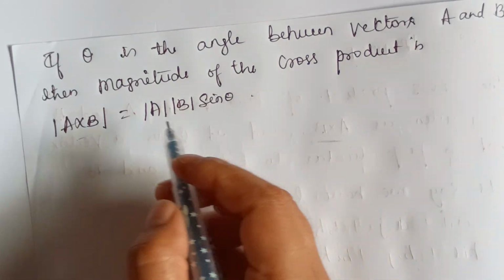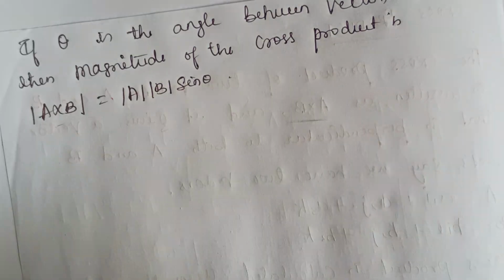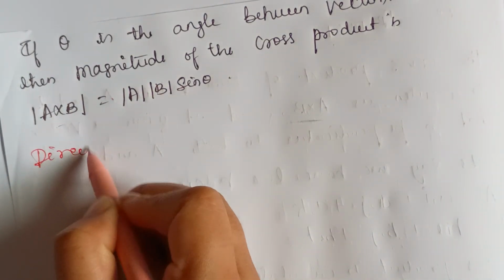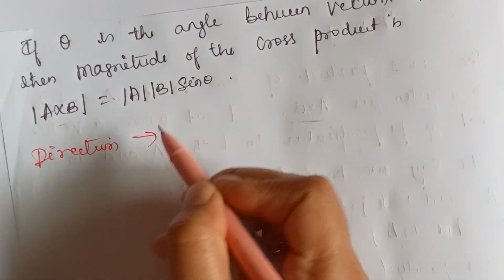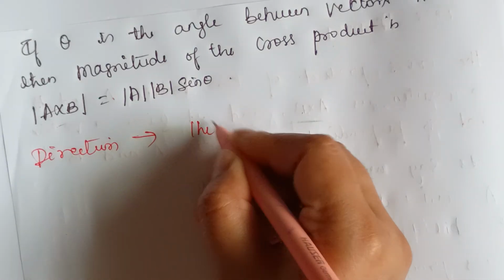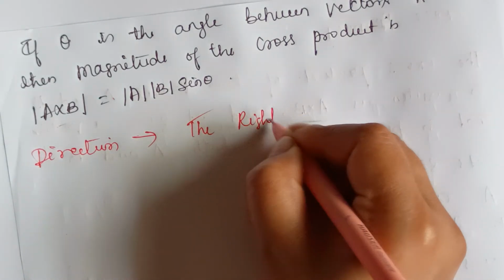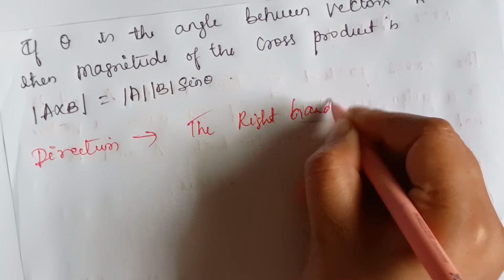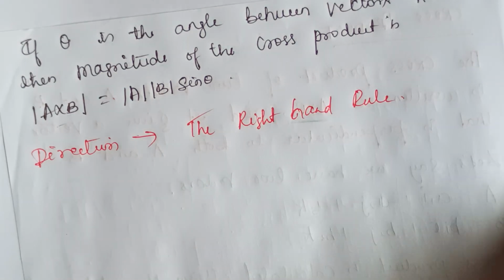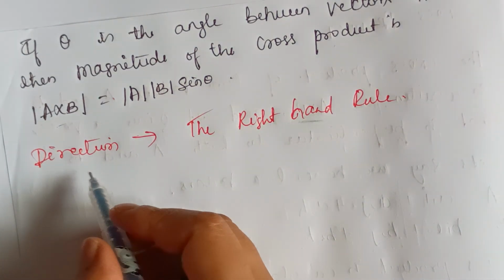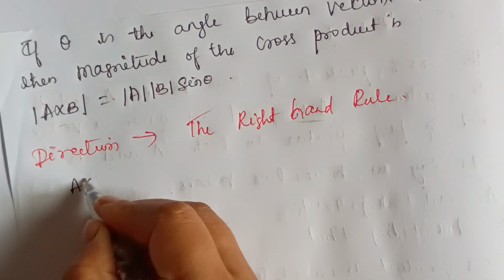Now direction, I'll tell you. Remember this, I will write it. Magnitude I mentioned, direction is the right hand rule.